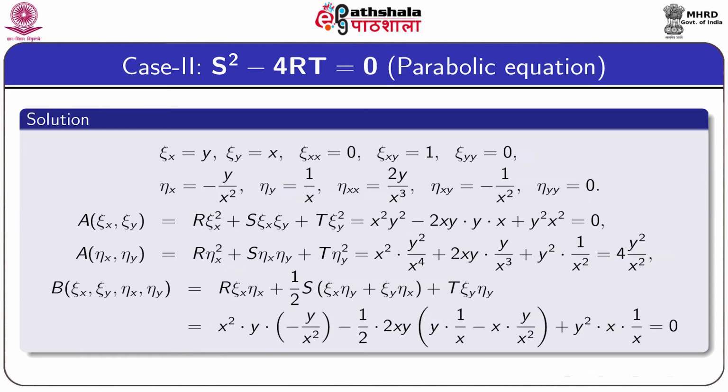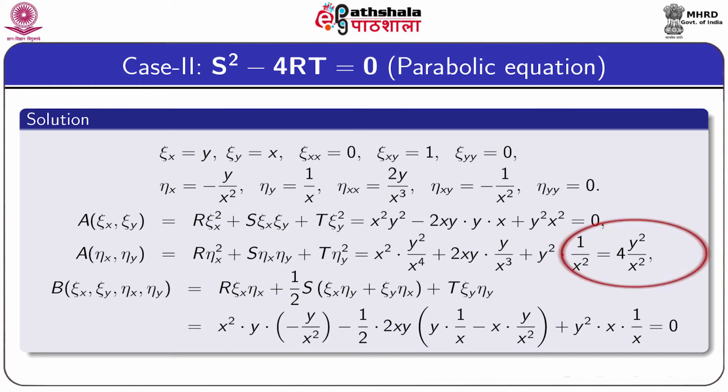So, using this transformation we can calculate the value of a xi x, xi y as 0, but the value of a eta x, eta y is not equal to 0, its value is 4 into y square by x square.